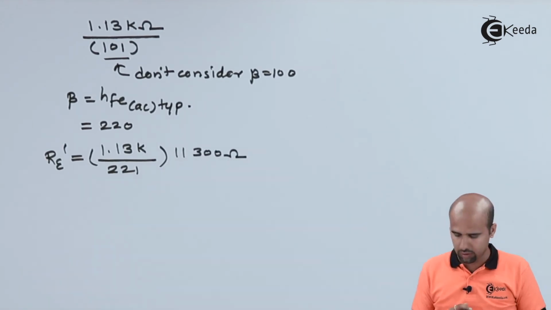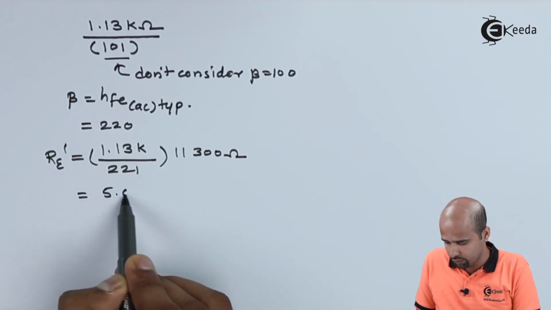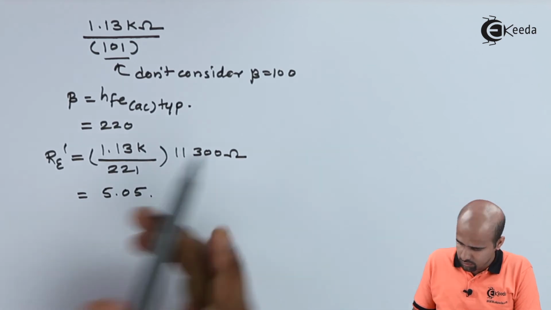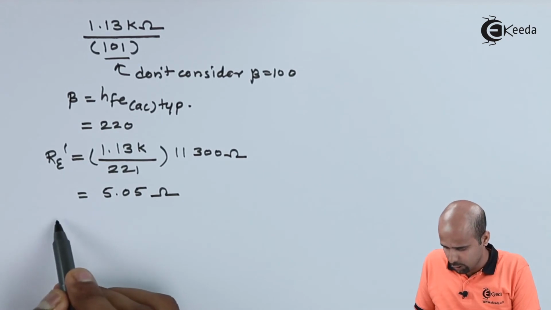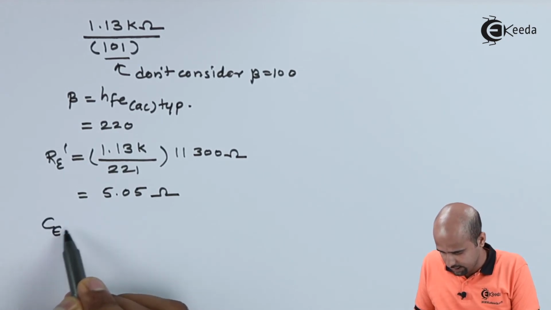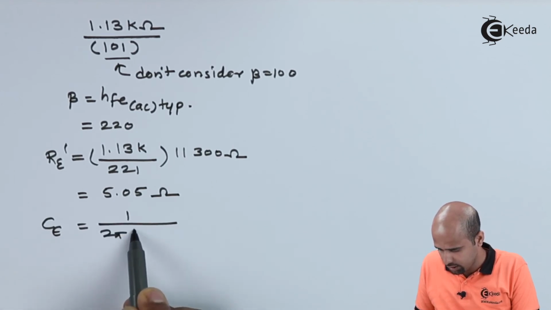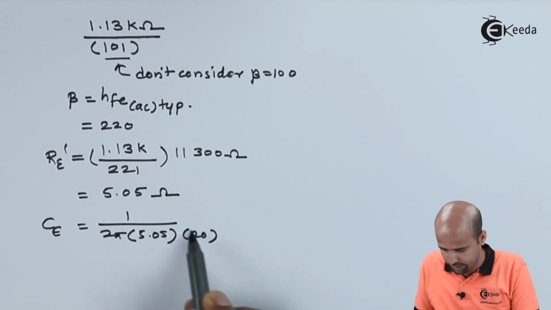300 ohm. The whole calculation is coming out to be a very small value of resistance, that is 5.05 ohm. And this is how we get the value of CE equal to 1 upon 2 pi, R is 5.05 and this is 20.